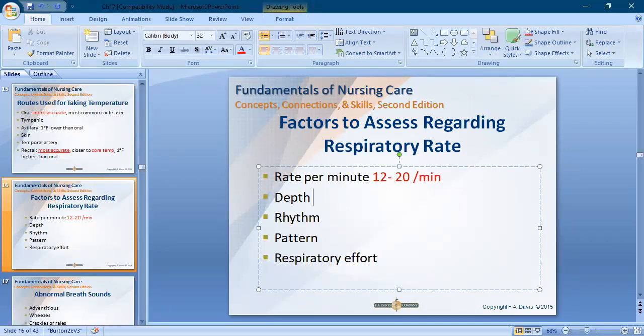Intercostal means the muscle in between the ribs. Another term for ribs is costal, right? Intercostal.